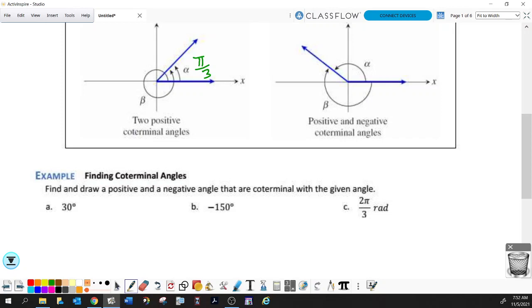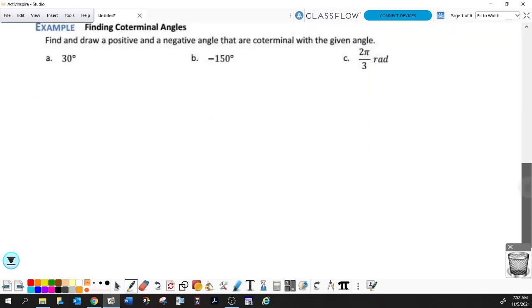Then beta, which didn't stop when it hit the terminal side originally, went all the way around and hit it a second time, it would have been pi over 3 plus another full circle. But those two angles are the same angle. Those ideas making sense? Because turning a full circle is essentially doing nothing, because you land in the same spot.